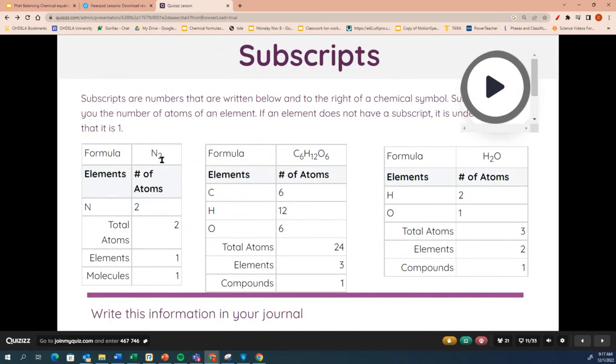So N2: there are two atoms of the element N in total, and it's an element. It's also a molecule, right? Because it's in a pair. If it was just carbon, and it doesn't have a number by it, it would be an element, not a molecule.